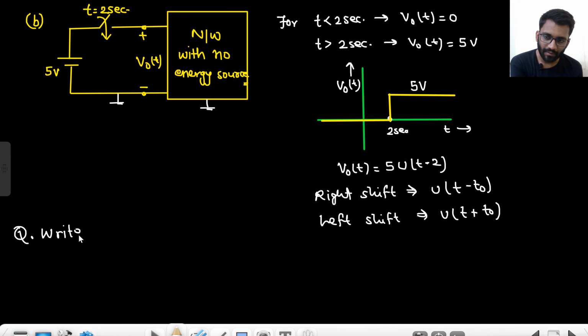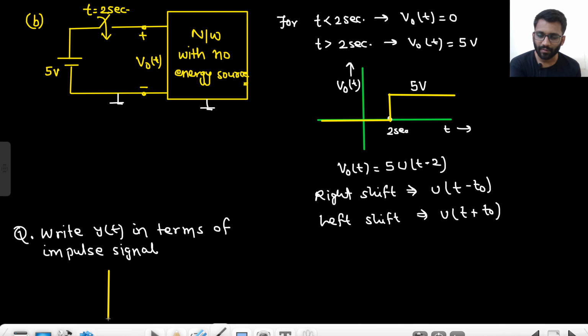Write y(t) in terms of the impulse signal. Now what is your y(t)? y(t) is something like this. This is t and this is your y(t).